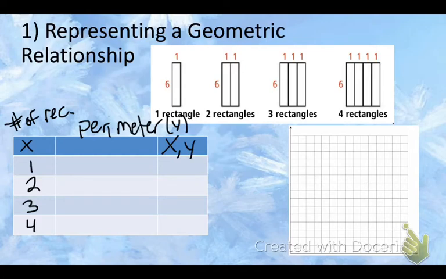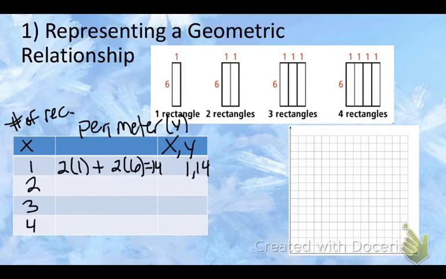So I have 2 of these sides labeled 1 plus 2 of these sides labeled 6 to find the perimeter of just one rectangle. I'm running out of space here, I apologize. 6 and 6 is 12, 1 and 1 is 2, and that total is 14. So my values are 1 and 14.